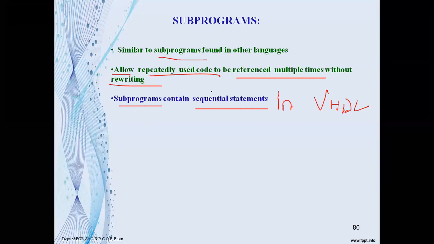As we know, a VHDL code can be built using entity and architecture. The entity defines the input and output parameters of the system, and the architecture defines the functionality of the system.